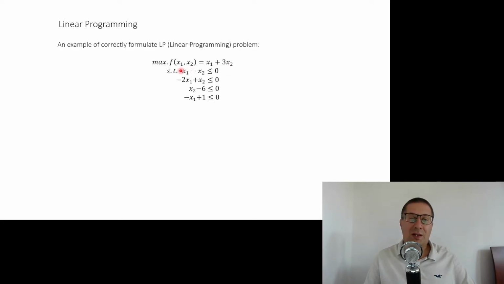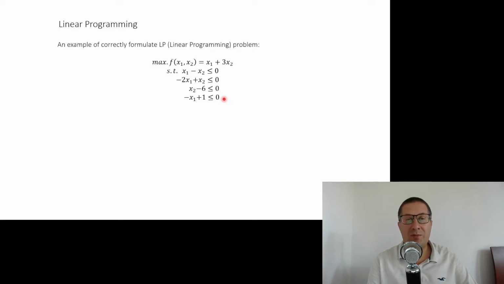But there are some constraints, like x1 minus x2 is less than 0, so we have to produce more items of product B than product A, and some other constraints, like we cannot produce more items of product B than 6 because maybe we don't have enough substrates, etc. So we have a set of constraints, and we have to solve this linear programming problem.